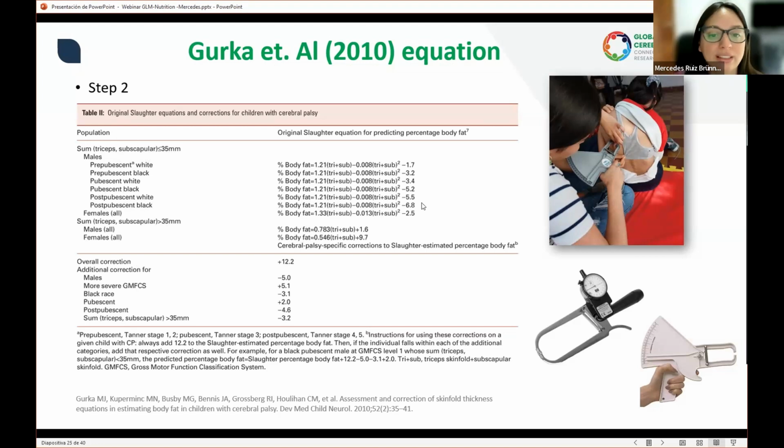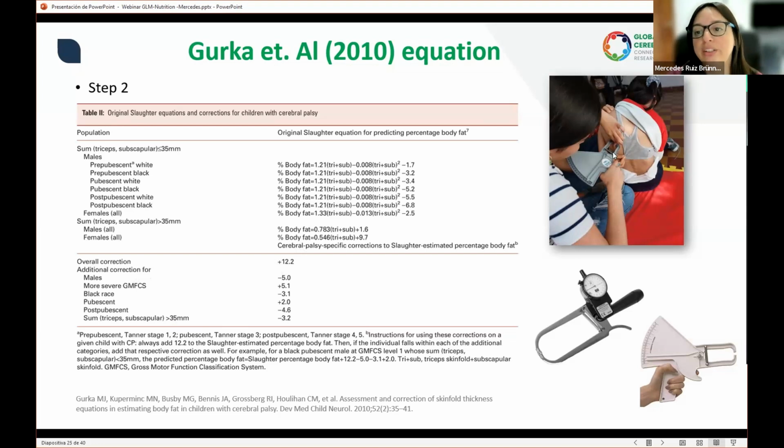Once we have chosen the equation, then we do the correction for all children with CP. We add 12.2, and then there are additional corrections for males, more severe GMFCS levels, black race, pubescent and post-pubescent children, and children with skin fold higher than 35 millimeters. So we do all the corrections, and we will have the measurements.